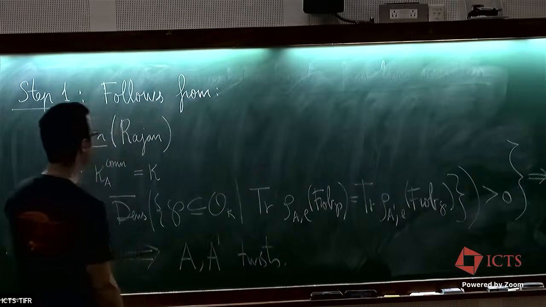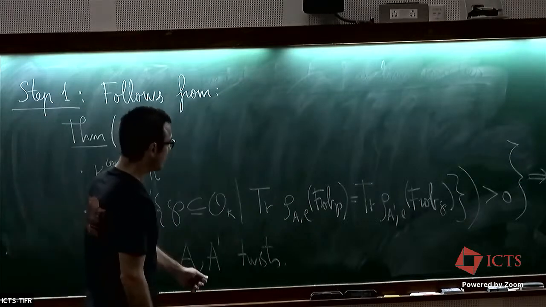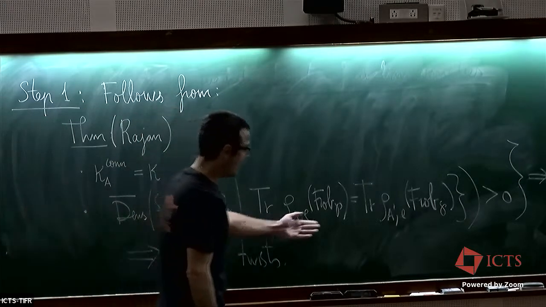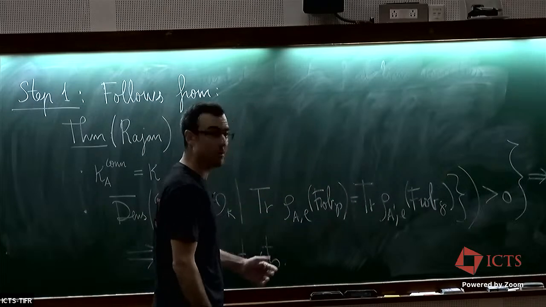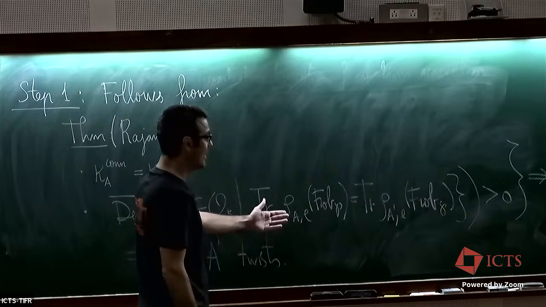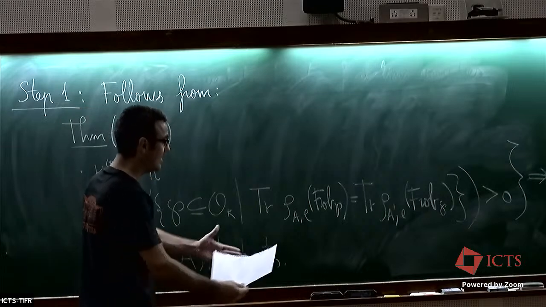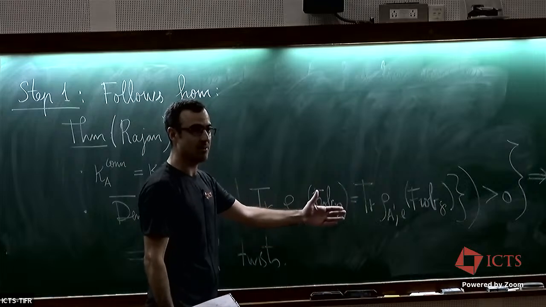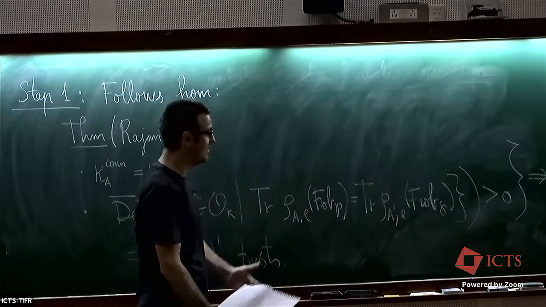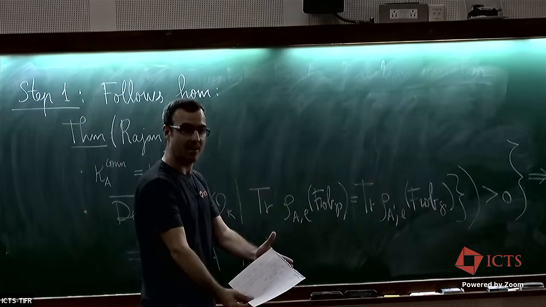Maybe just a few words on why we can apply the theorem in our situation. Well, if our abelian varieties are locally quadratic twists, in particular, their Frobenius traces just differ by sign. And then the only way that this condition might fail is if for a density 1 set of primes, the trace of one representation was precisely minus the trace of the other representation, which by Chebotarev would mean that the character of one representation is minus the character of the other one.